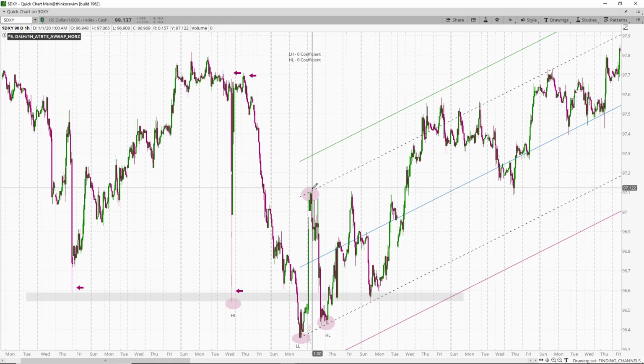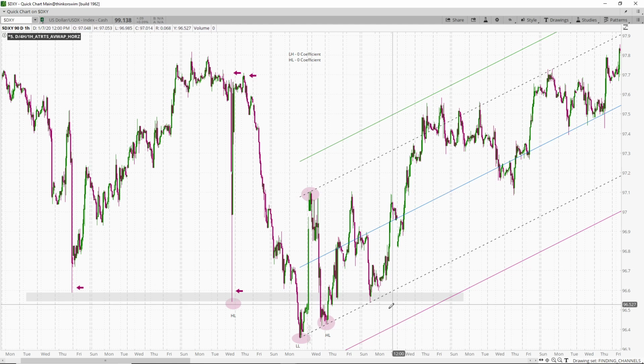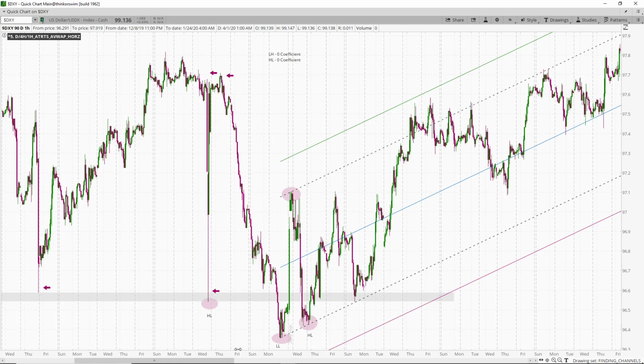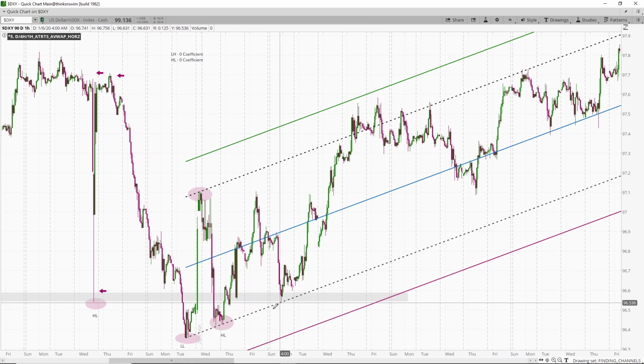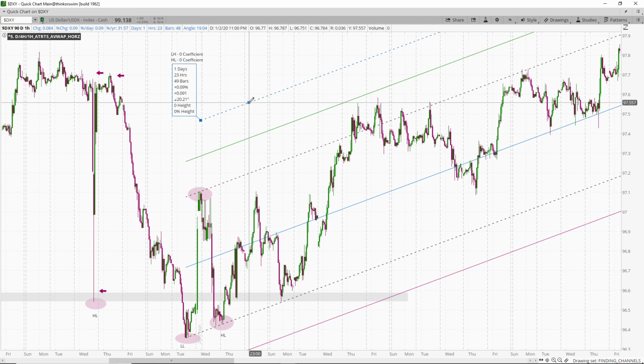Sometimes I see people draw their zero coefficient up here and work with higher highs in an uptrend, but I don't think you want to do that. I think you want to identify your higher lows first and use that as your zero coefficient. What I mean by the zero coefficient is that when using a price channel, it's going to ask you to select two points first.